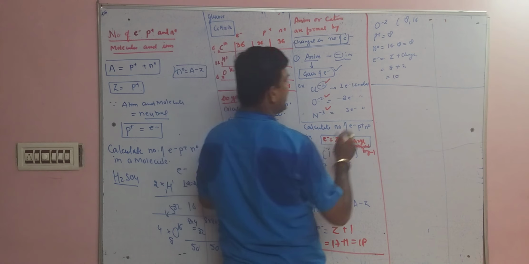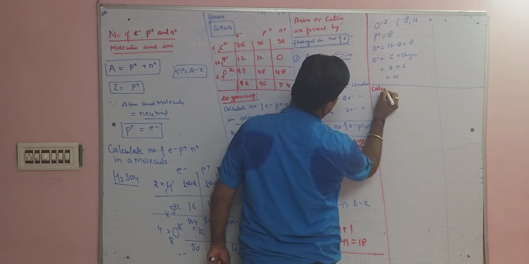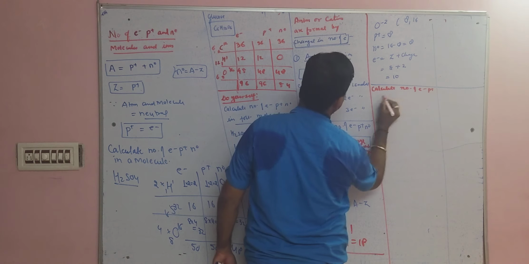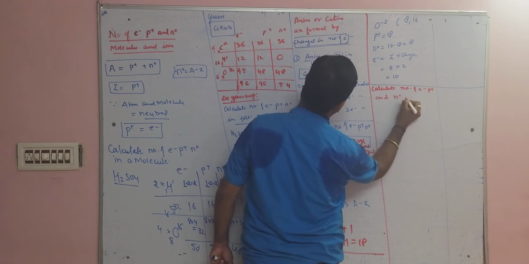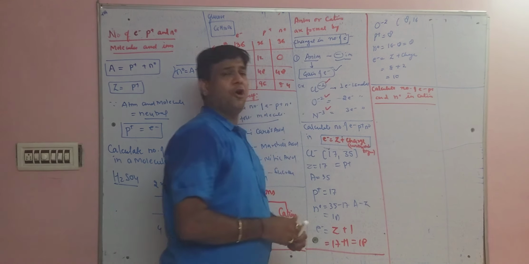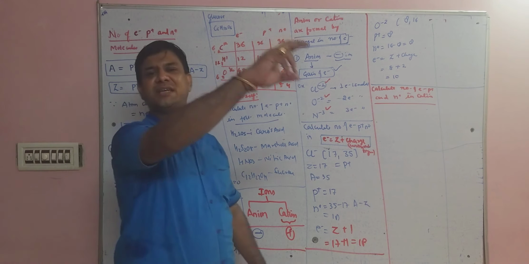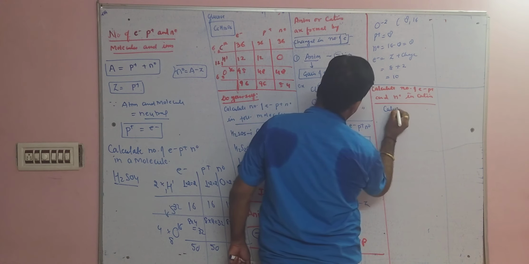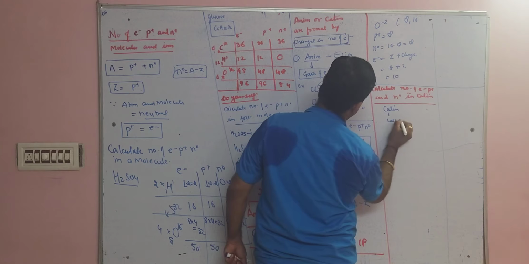Similarly, let us calculate the number of electrons, protons and neutrons in a cation. If somebody talks about a cation, how is the cation formed? Cations means positively charged ions, and cations are formed by loss of electrons.